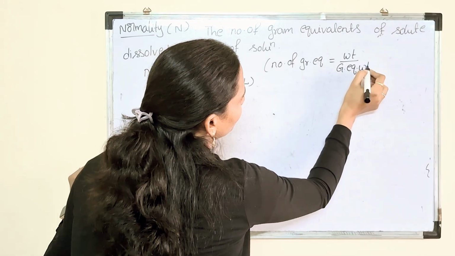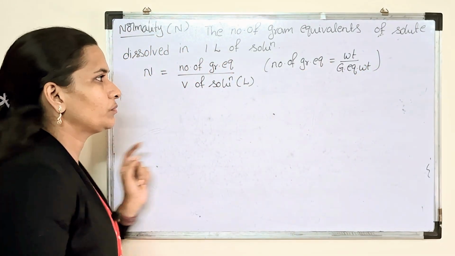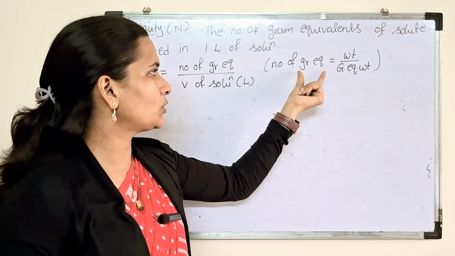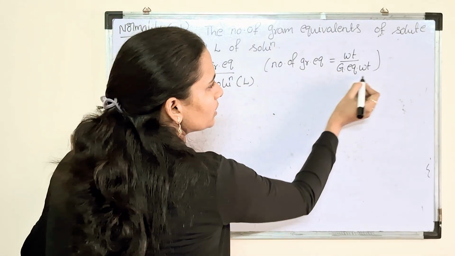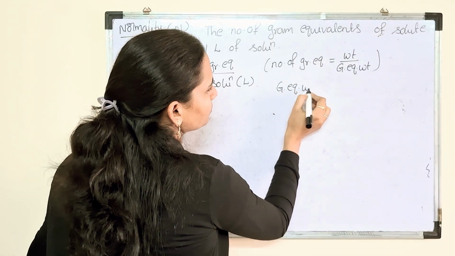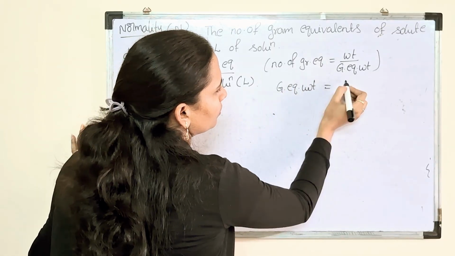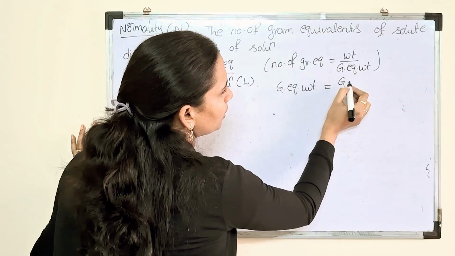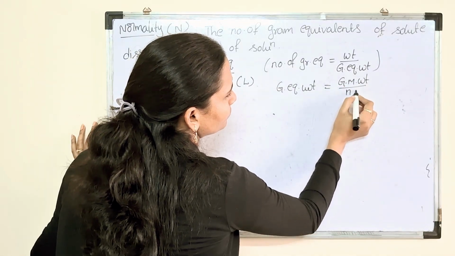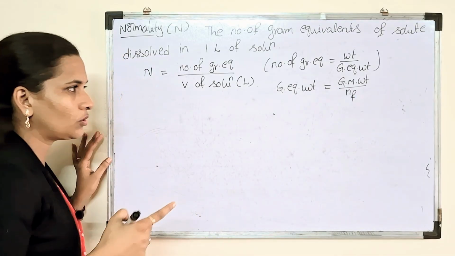If you divide the given weight by the gram equivalent weight, you will get the number of gram equivalents. Now, what is the gram equivalent weight? Gram equivalent weight is equal to gram molecular weight by n factor.